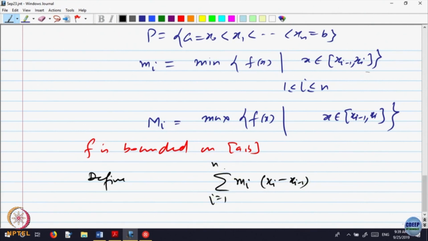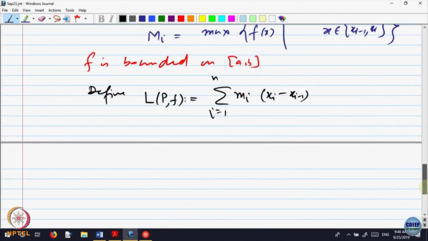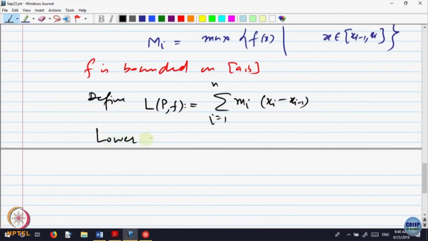So this is the sum of the areas of the rectangles which fit in below the graph of the function, the largest possible kind of rectangles below it. Let us give it a name, because the minimum value is with respect to a partition P for the function f, so it is denoted by L(P, f). This is normally called the lower sum of f with respect to the partition P.